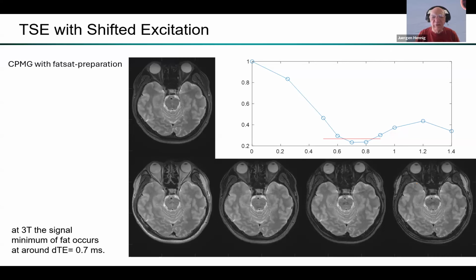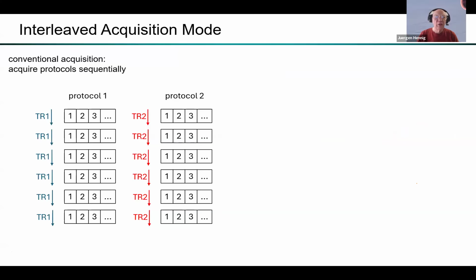I already tried that at 5 Tesla at United Imaging, and it works very nicely. I would like to try it at 7 Tesla or even higher, in scenarios where you really have problems with B1 homogeneity, but not with B0 homogeneity.